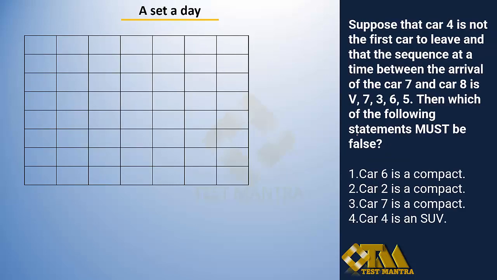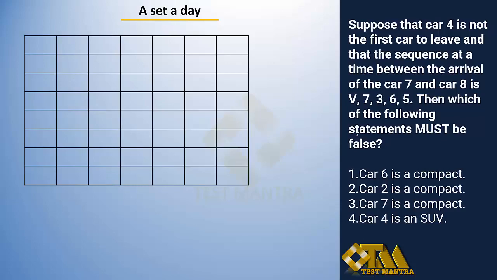Suppose that car 4 is not the first car to leave, and that the sequence at the time between the arrival of car 7 and car 8 is V7365. Last car is 5 here. That means initially definitely we had 5 cars available here, and we have 1, 2, 3, 4, 5 slots there.